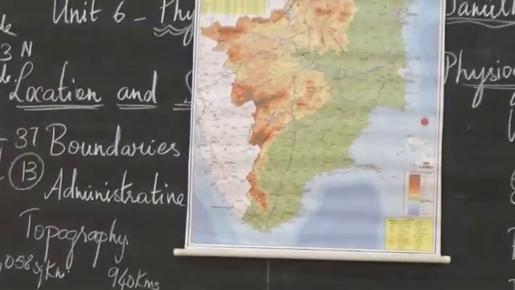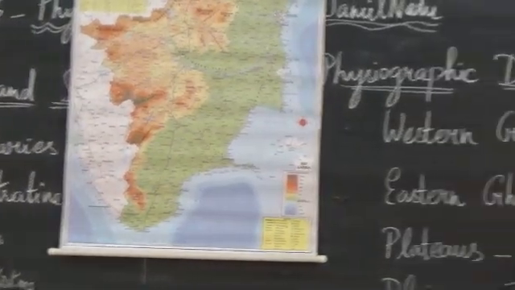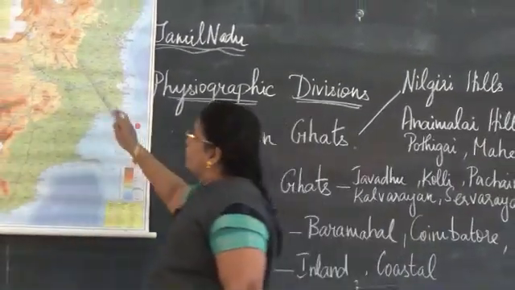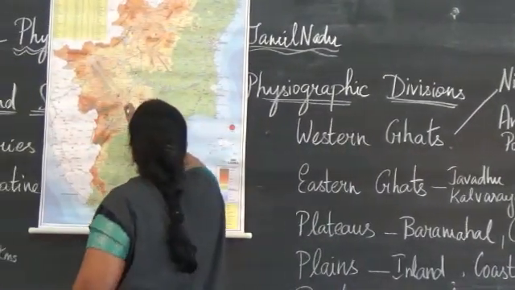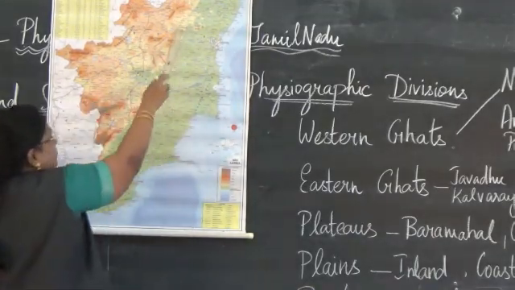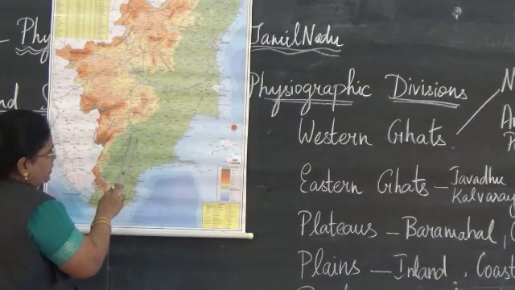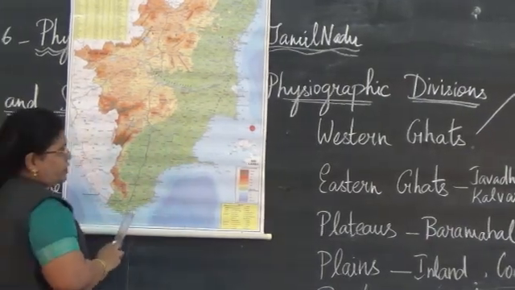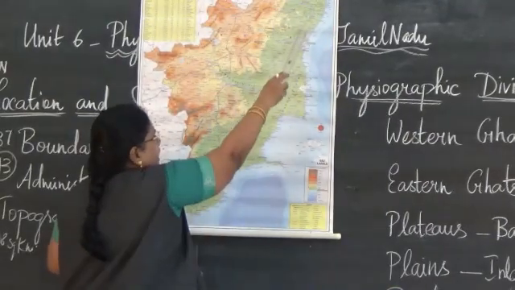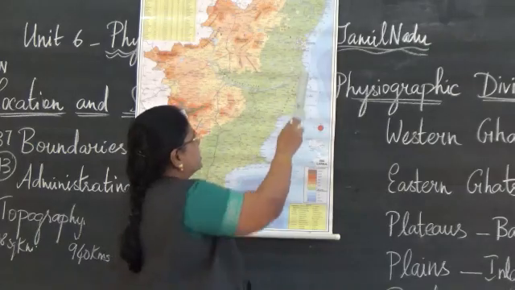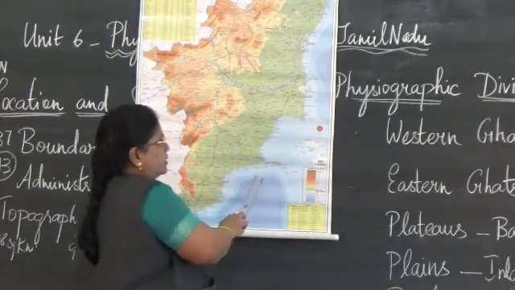The main physical divisions are the Western Ghats and the Eastern Ghats. Then we have the plateaus. Then we have the plains. In plains, we have two divisions, the inland plains and the coastal plains. Then we have the beaches.